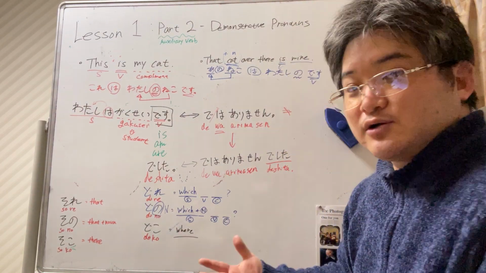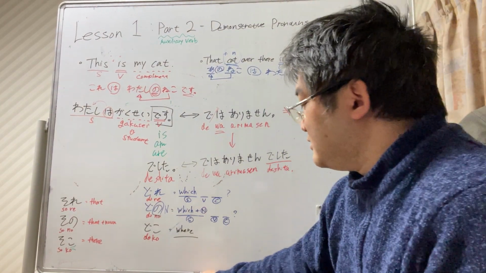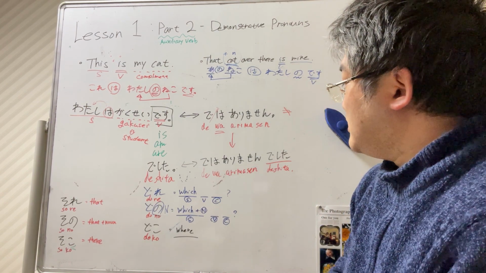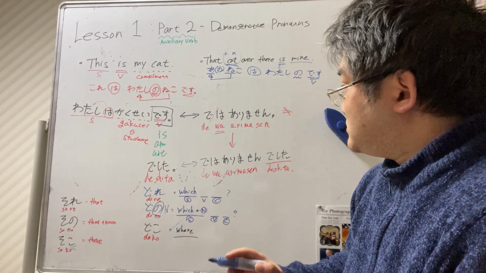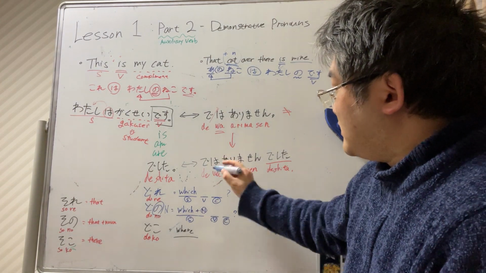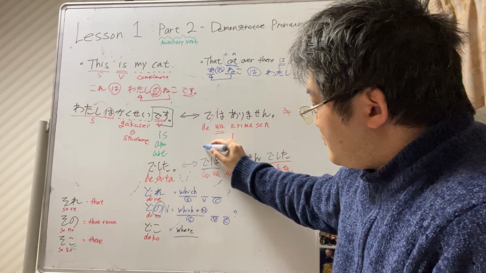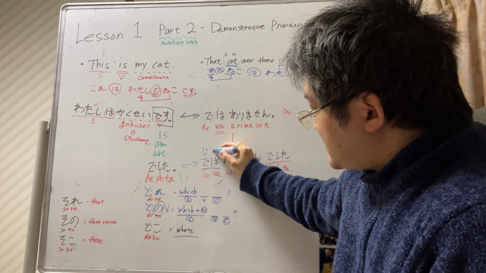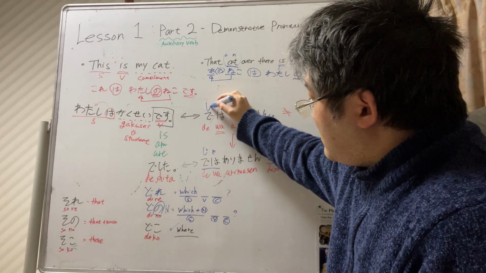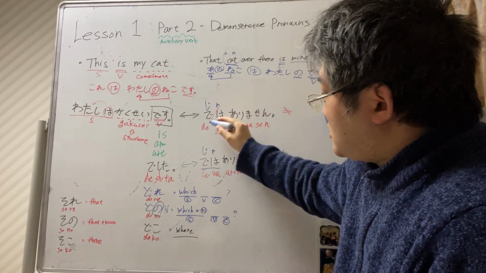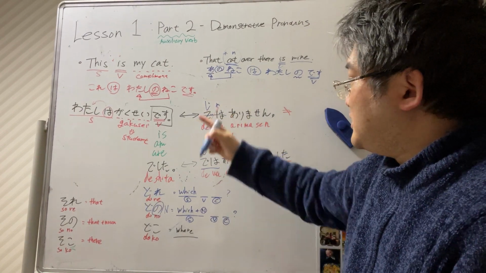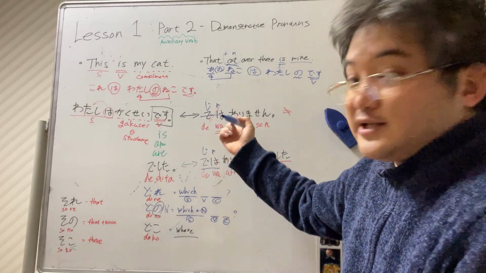Especially in the teaching phase, the fundamental part of Japanese. Also, one thing I want to mention, dewa can be changed into ja. Instead of dewa, ja can be used.